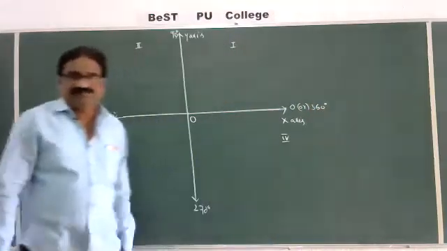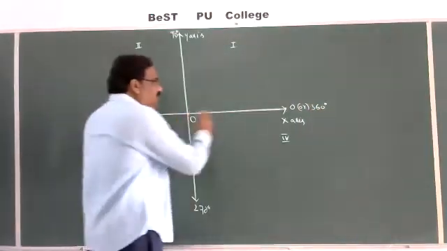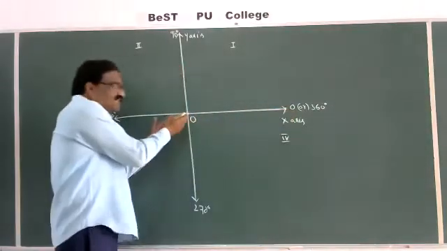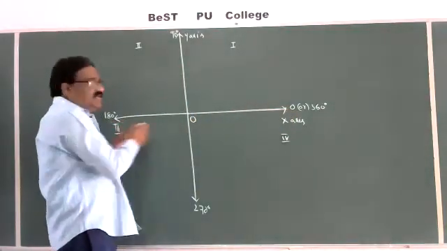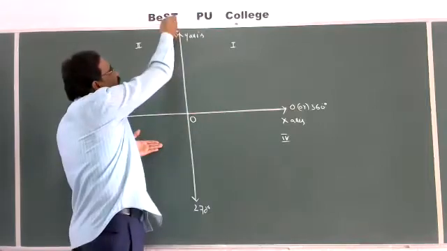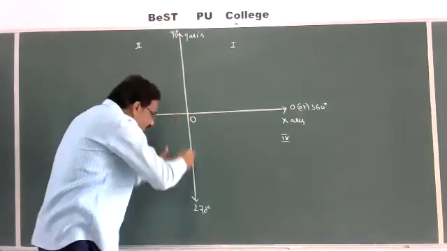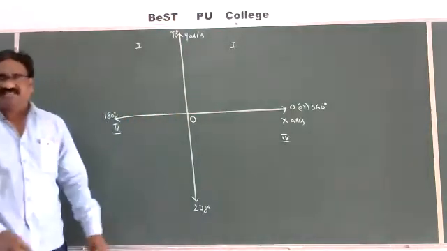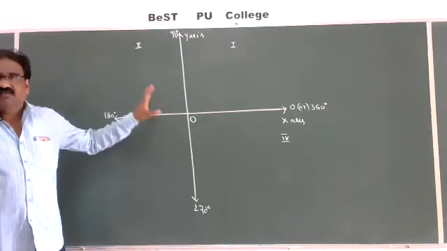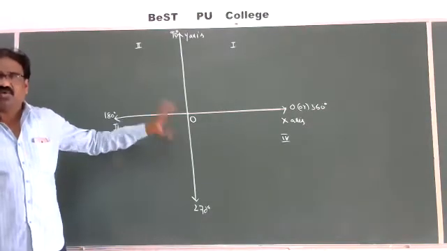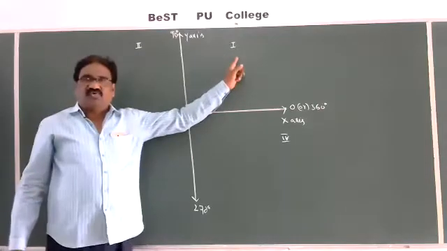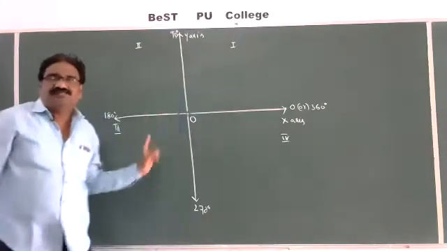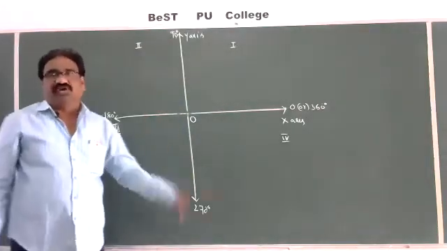Again it starts. This is the positive direction of the x-axis, this is the negative direction of the x-axis, this is the positive direction of the y-axis and this is the negative direction of the y-axis. This is called the coordinate axes.